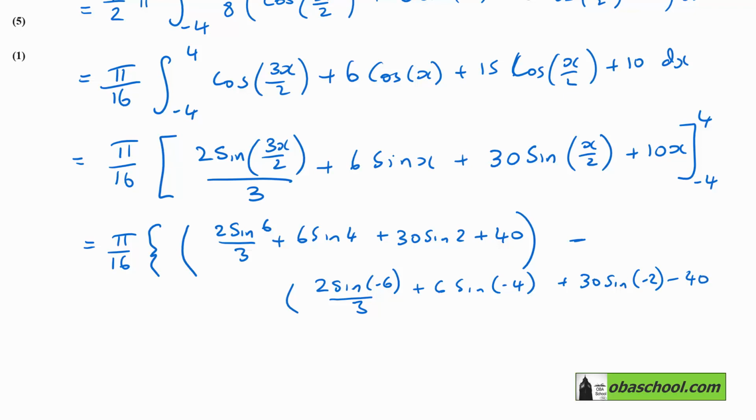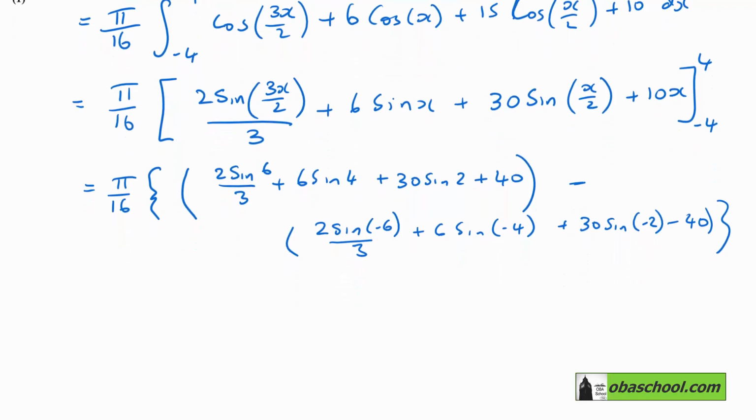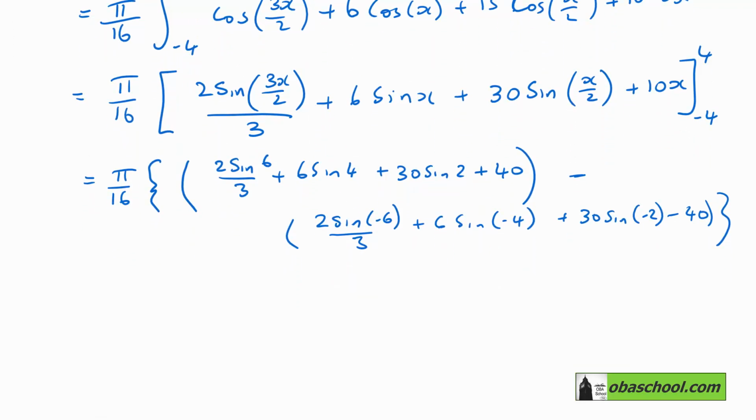And of course, you could work that out at that point with the calculator, but we can simplify it knowing that sine is an odd function. That means that the sine of -6 here is the negative of sine of 6. So with that negative, it becomes a positive. And so we're actually going to get 4 sine 6 over 3.